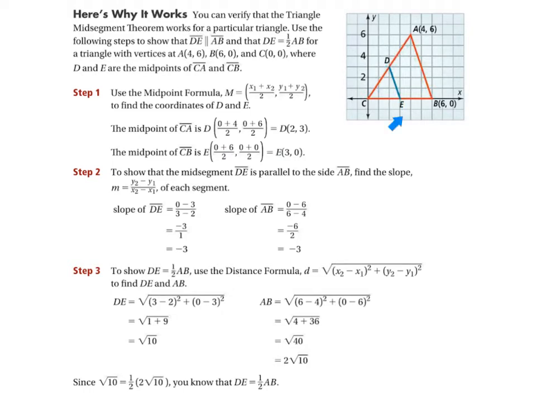Using those two ends, you could calculate the slope of the mid-segment, and using the other two ends, the slope of that side, and you would see that you get the same slope. Also, using the distance formula, you could find the length of that side and the length of the mid-segment, and you would find that it's exactly half. You can look at this in more detail, but that's what they're doing to show that this works.